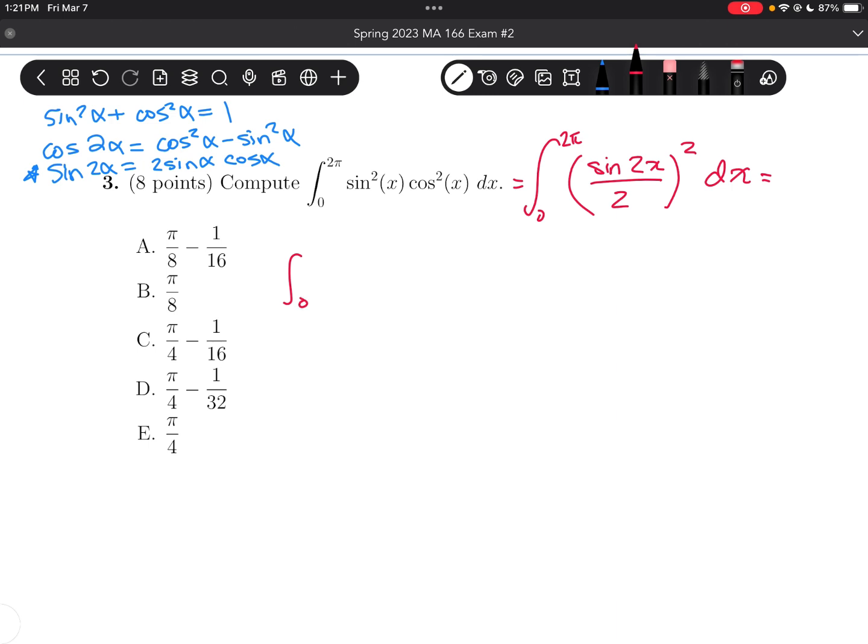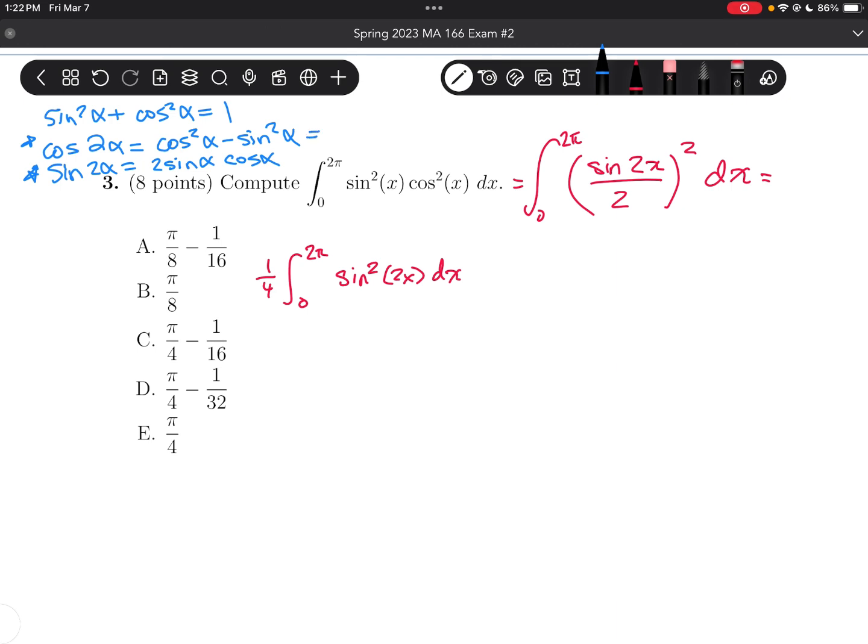Now I'm going to pull out this 1/4 because that's a constant. Now we have sine squared 2x. This is not something that we can use one of our basic antiderivative rules on, so what do we do? The good thing is we can use our other double angle identity.